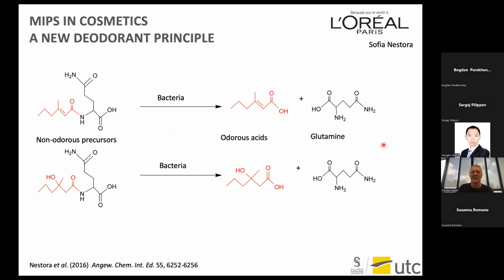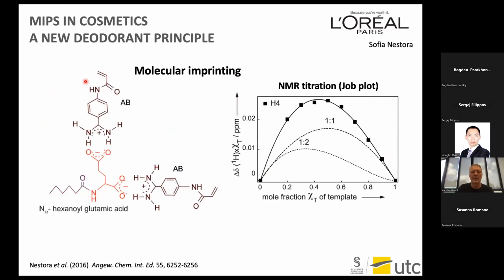So the idea was to sequester the precursor before the odor appears, and see if we can in that way inhibit the formation of the odorous acids. So we used a template, which is an analog of the molecule, and made the molecular imprinting of this complex.